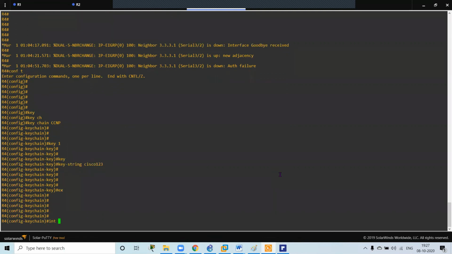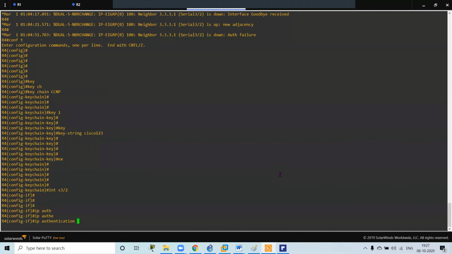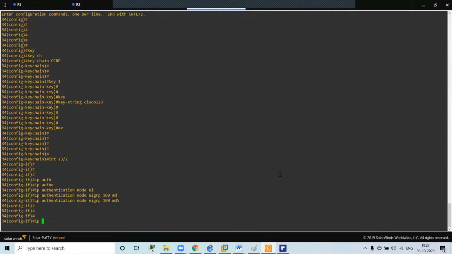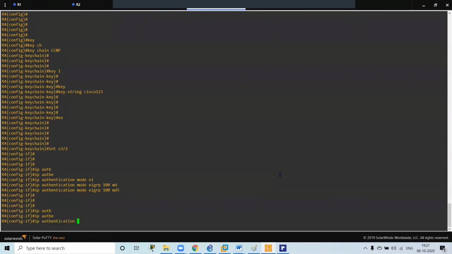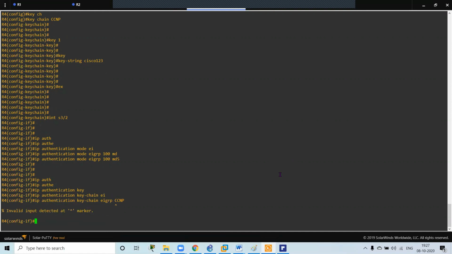Exit. Interface serial 3/2. IP authentication mode EIGRP 100 MD5. Then ip authentication key-chain EIGRP 100 CCNP. The keychain name can be the same, but here I have created a different keychain name to show you.